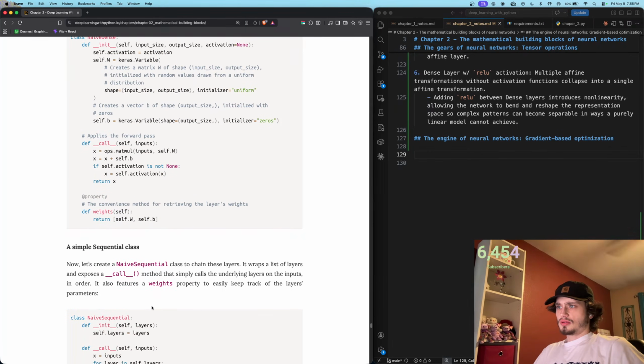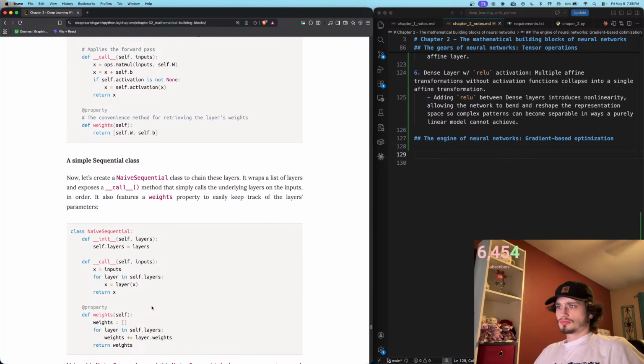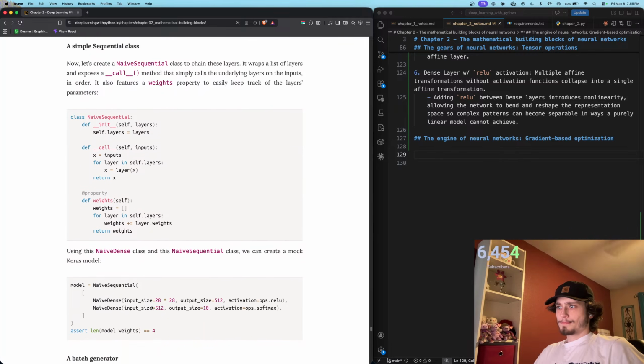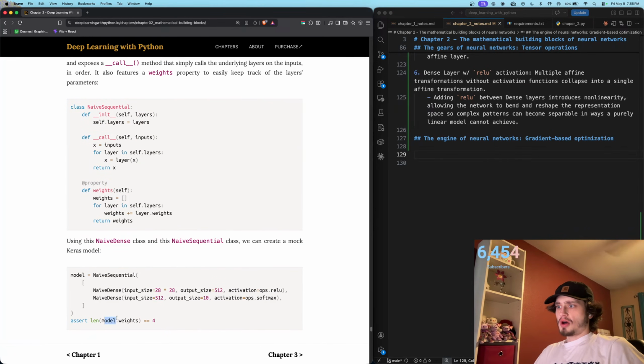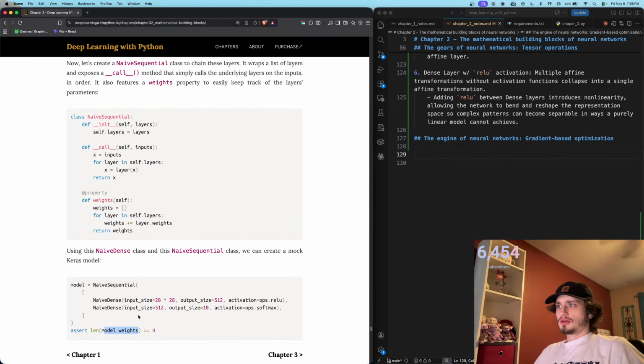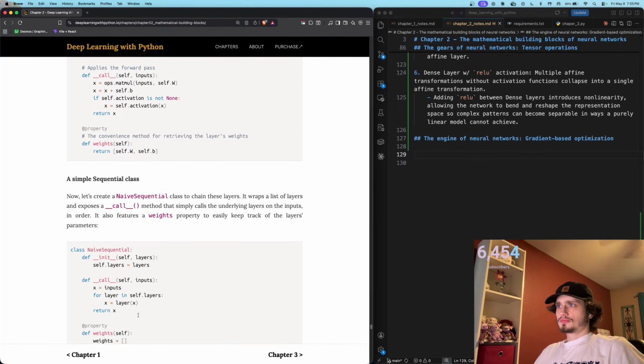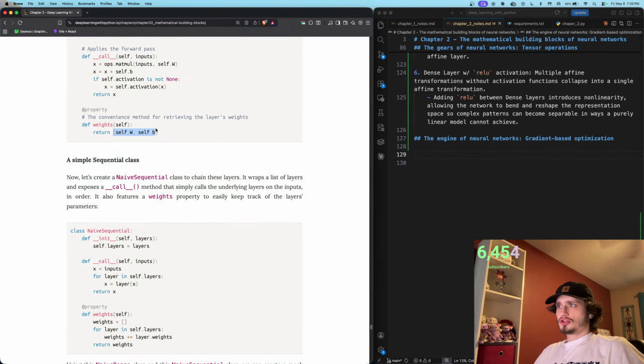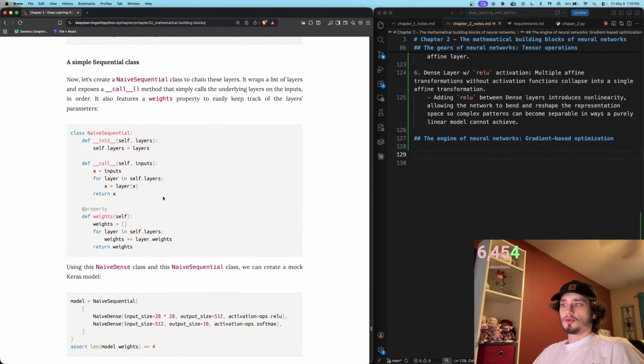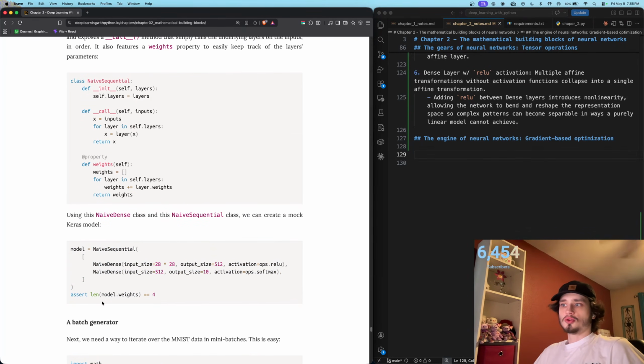Got you. So you assert that the model has 4 weights, which would be a weight and a bias for each layer. And we have 2 layers, so that makes sense. 4 weights, 2 weights per layer.